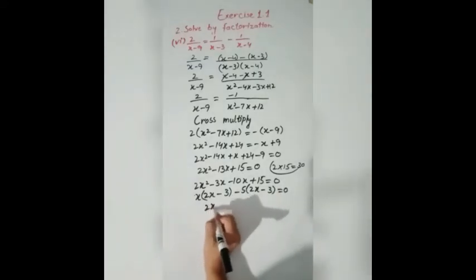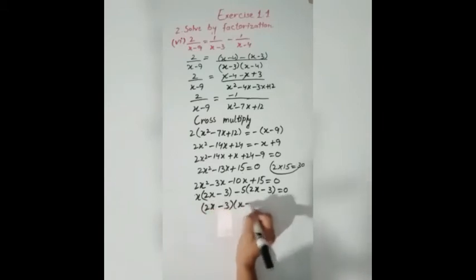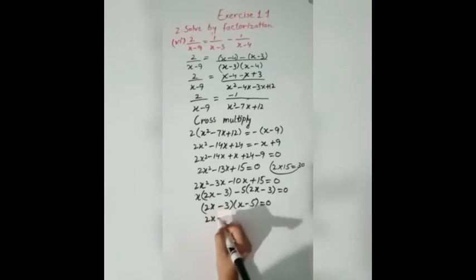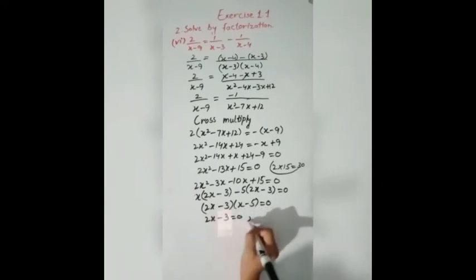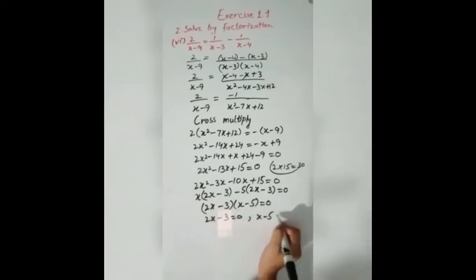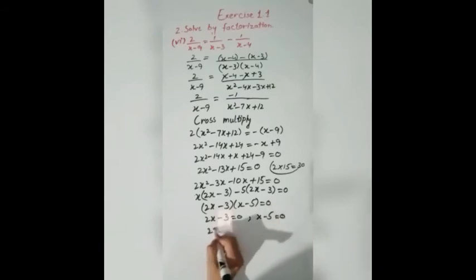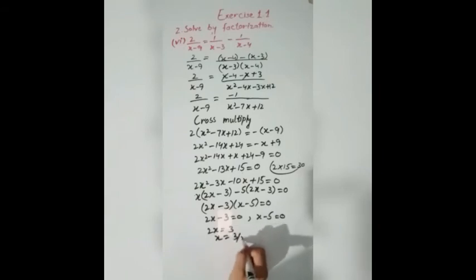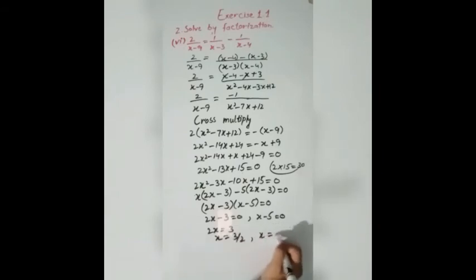So 2x minus 3 and x minus 5 equals to 0. 2x minus 3 is equal to 0 and x minus 5 is equal to 0. 2x is equal to 3, x is equal to 3 by 2, x is equal to 5. So we get solution set 3 by 2 and 5.